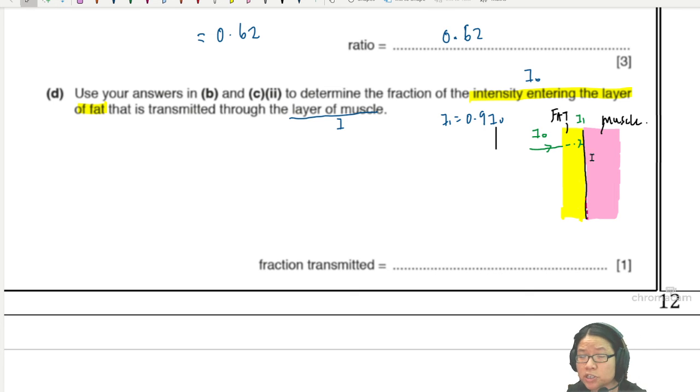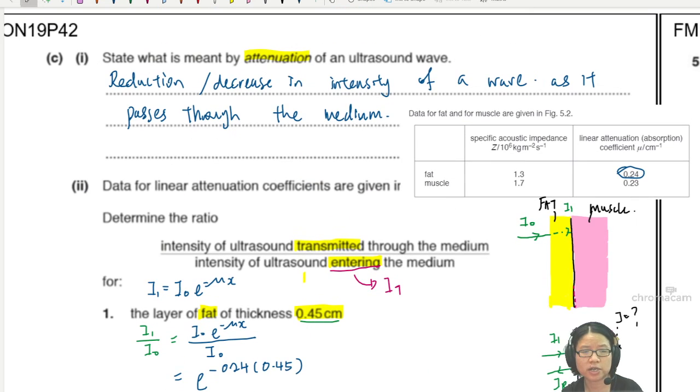How much is being transmitted? Let's say transmitted is IT. What is the transmitted fraction?